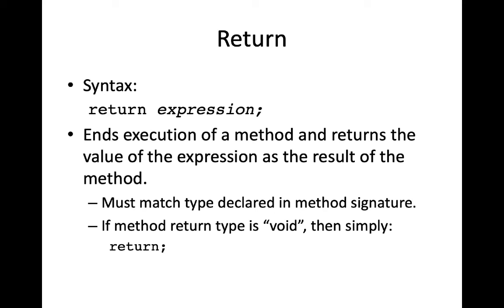Either you got called by some other method, or you're in main, one way or the other. So if this particular method is now done and needs to return its value to whoever called it, then we can use a return statement. And if it's a void method and it doesn't have any value to return, then you just say return with the semicolon.